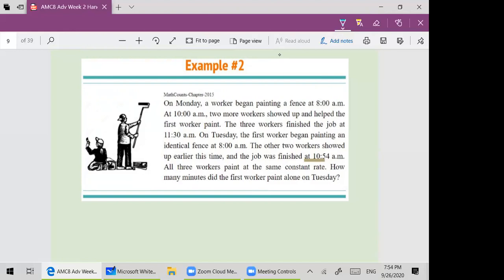Okay, I think I'll give a hint. Let the workers be able to paint 1 square foot of fence in 1 hour.